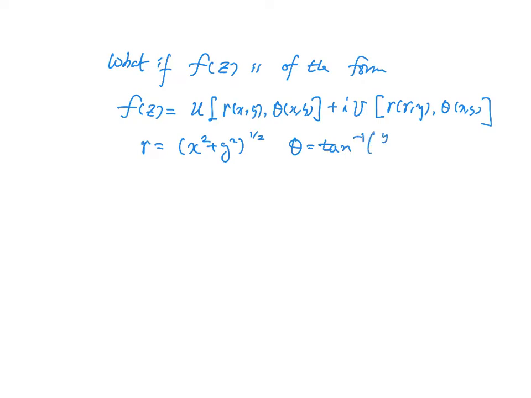Theta is arctangent of y over x. Of course, we can calculate the Cauchy-Riemann condition in x and y, but if it is possible to represent it in terms of simpler forms like r and theta, for example, the principal value of ln z is given by ln r plus i theta, then can we show whether it is differentiable or not? That's one question.